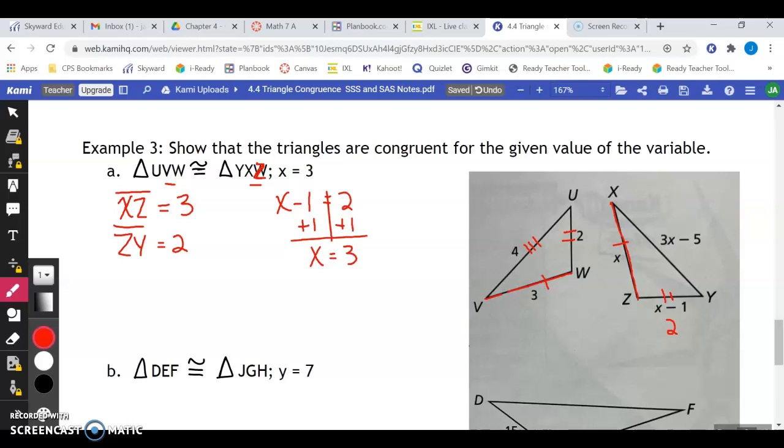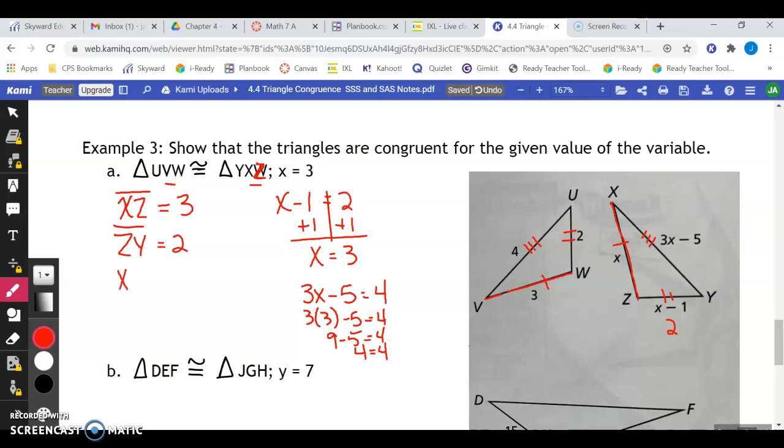And then our third side is UV, and those are the first two listed in that triangle. And YX is the first two in the other triangle. So 3x minus 5 has to be the same as 4. And if we plug in 3 like they told us, that would be 9 minus 5 is 4, and that would be true.